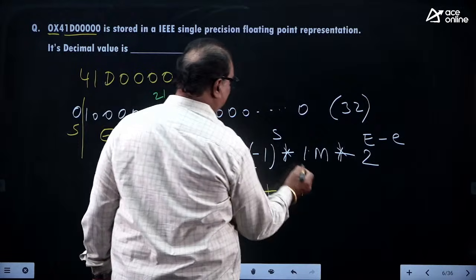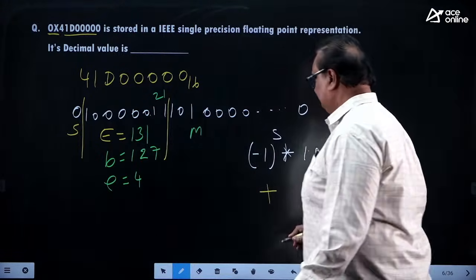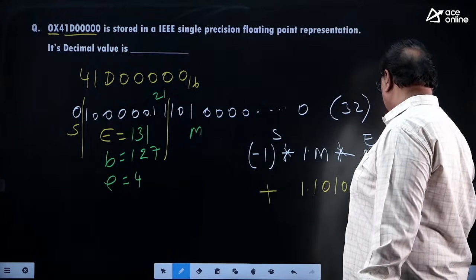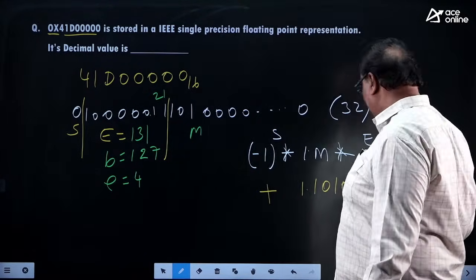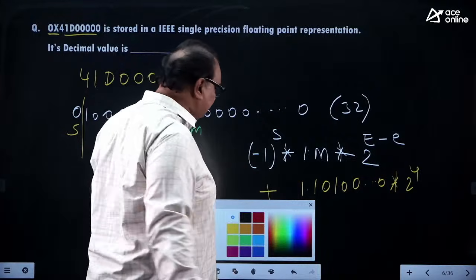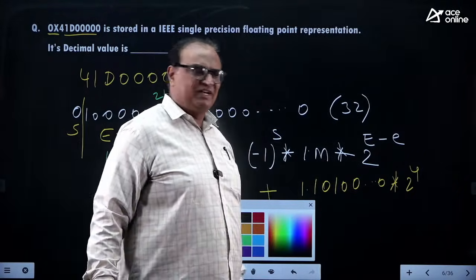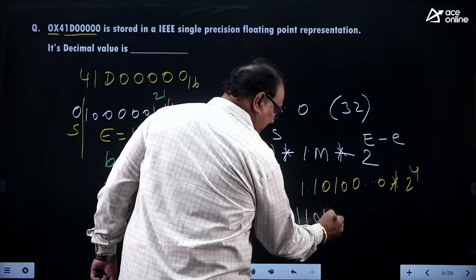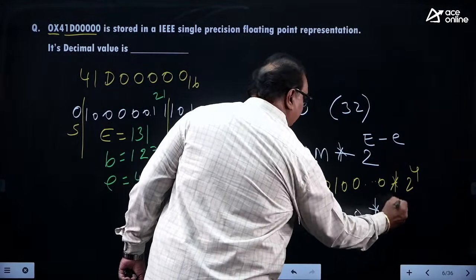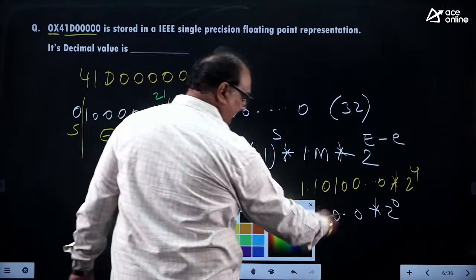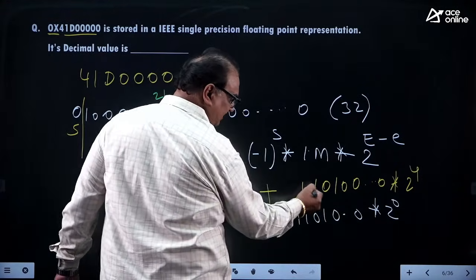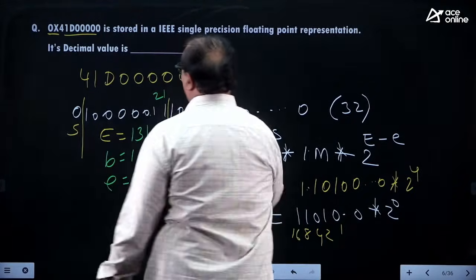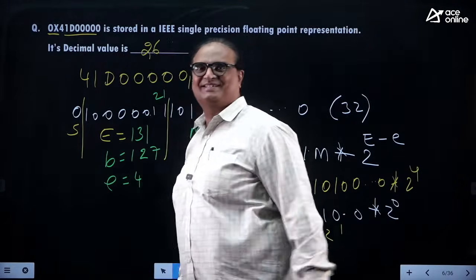Next, 1.10100 into 2 power 4. If the exponent value became 0, it is not needed in the computation. So it is 11010.0 into 2 power 0. Look here, you have to shift the decimal point: 1, 2, 4, 8, 16, that is 26. The answer is 26.